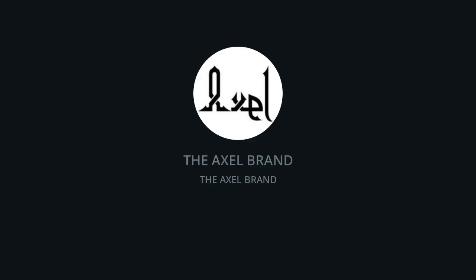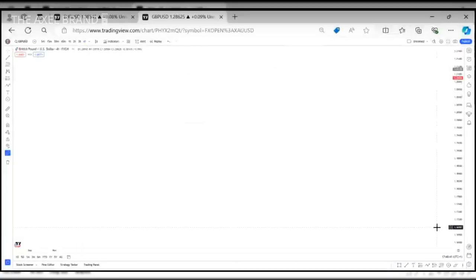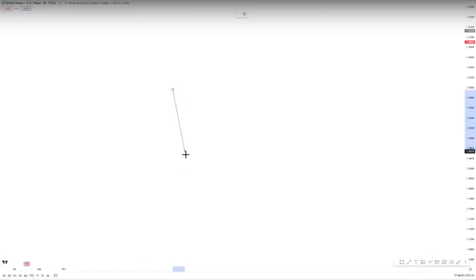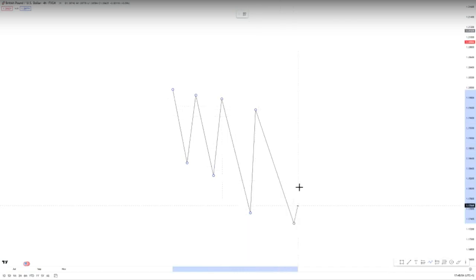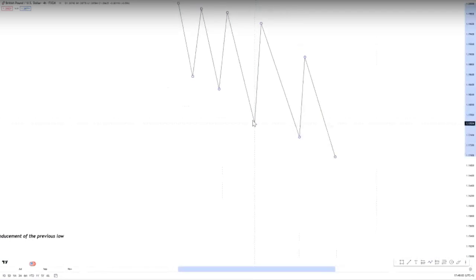You can see what a bearish market looks like. This is what a bearish market looks like. It should be able to take out the previous low, and the previous lower high should be protected.